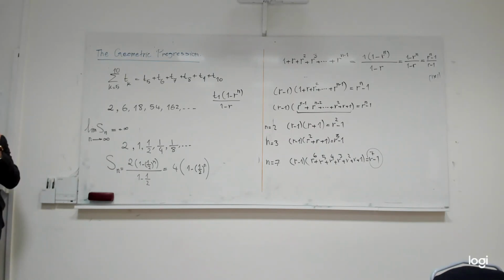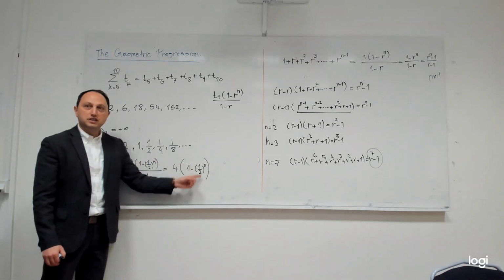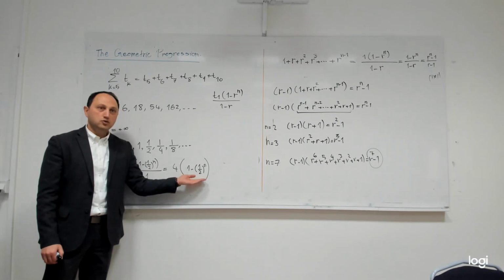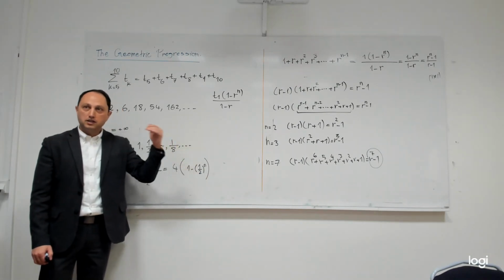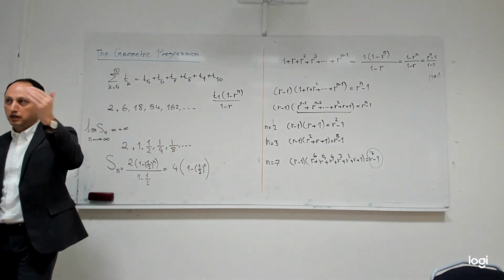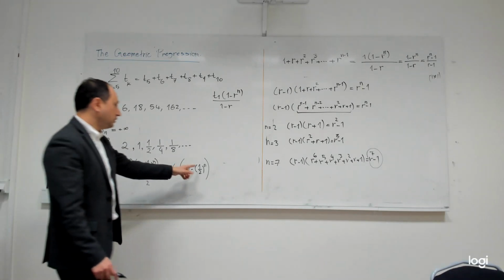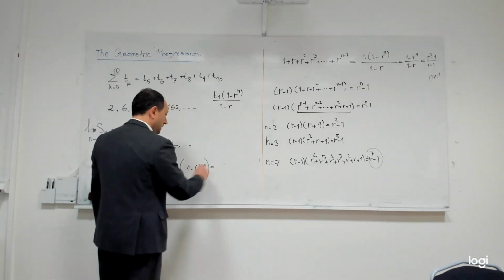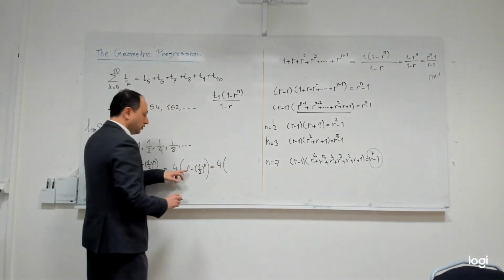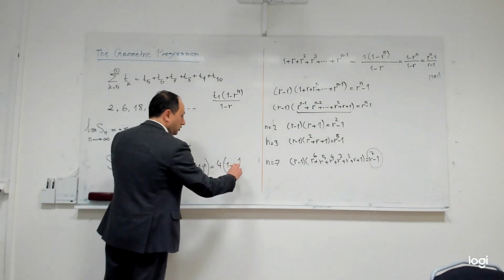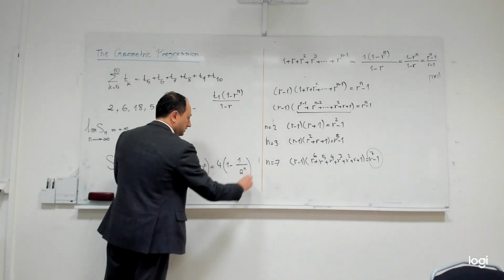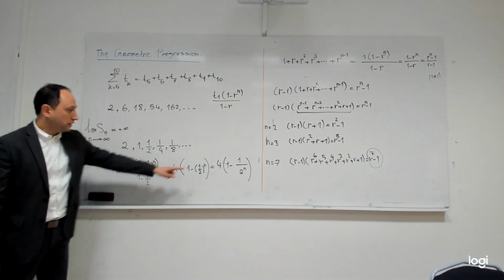Now I am asking you, send n to infinity. What happens? We're making this smaller. So this number is between 0 and 1. When you raise it to a higher power, instead of making it bigger, you are making it small. You can view it from a different perspective. You can write it as 4 times (1 minus 1 over 2^n), because 1 to the power n is 1.